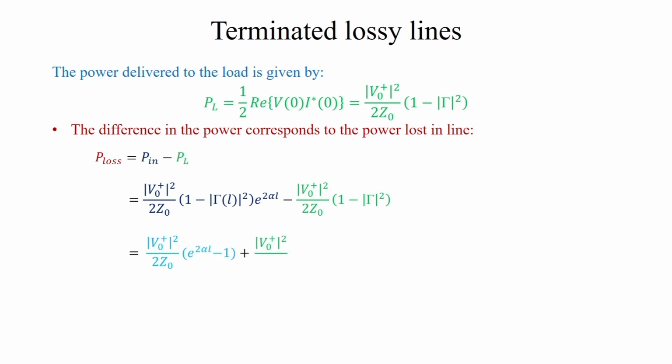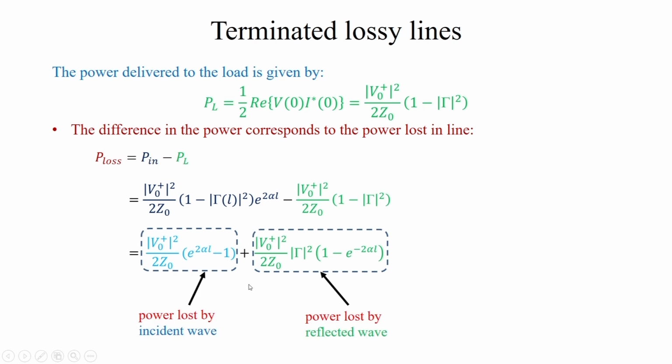This can be found out by substituting the expressions for P in and P L. And after rearranging these terms, we can write the P loss into two components. The first component gives the power lost by the incident wave, and the second component is the power lost by the reflected wave.